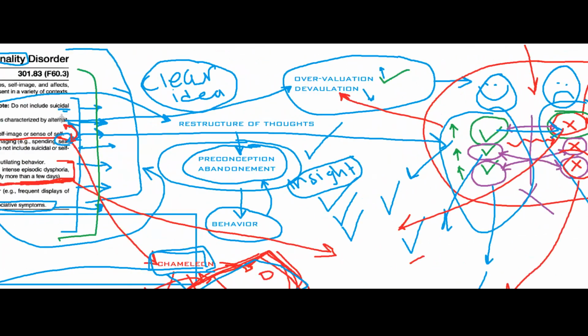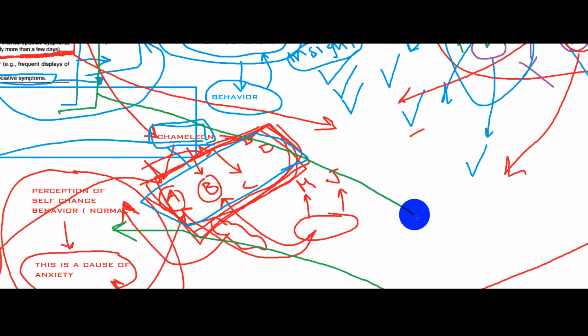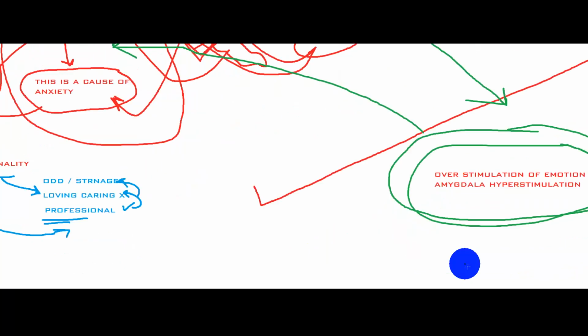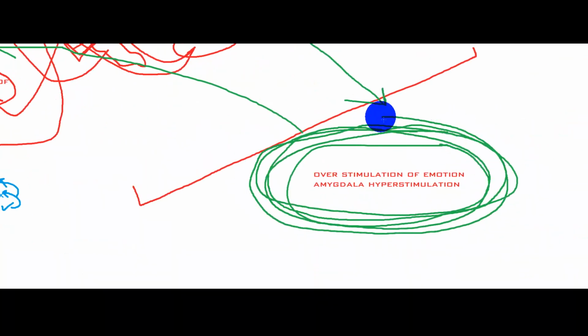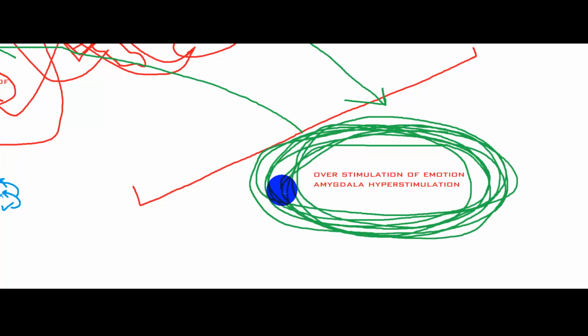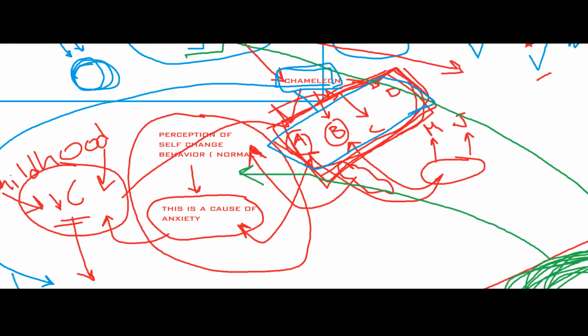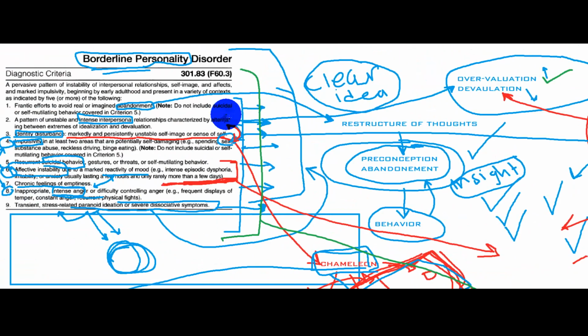And if the answer is a yes, then you will be coming out of this video with a core understanding and idea of what borderline is. Just like you have an idea of what schizophrenia and depression and bipolar is, now you have an idea of what borderline is. It's a hyperstimulation, overstimulation of emotion. And that explains to you all these 9 criteria.